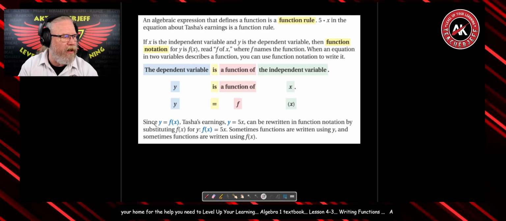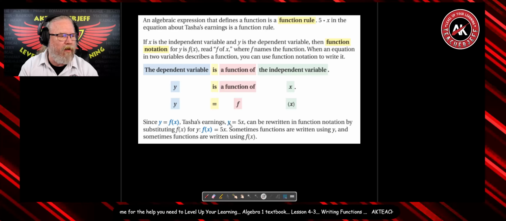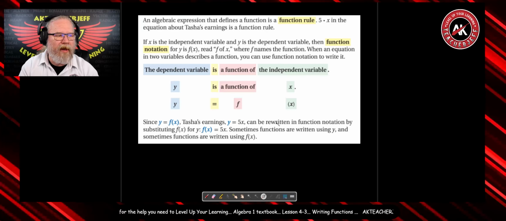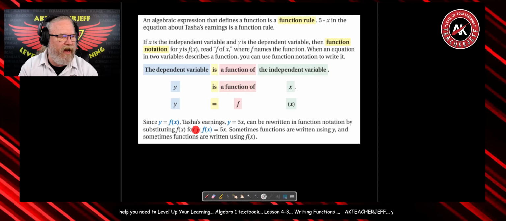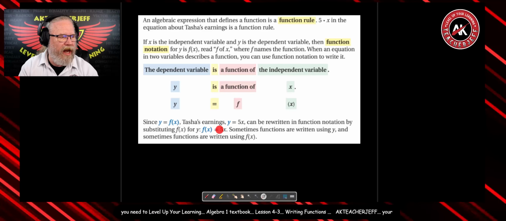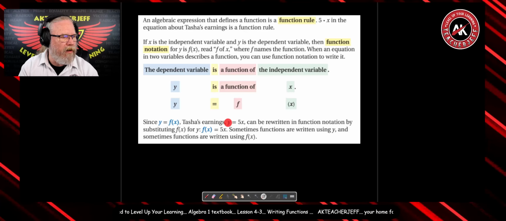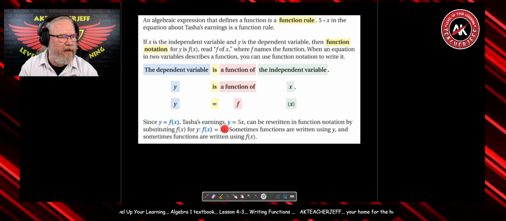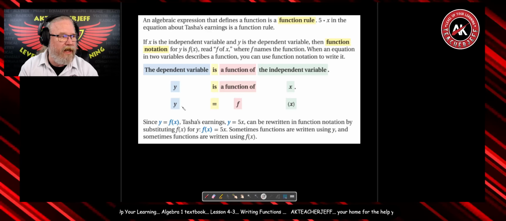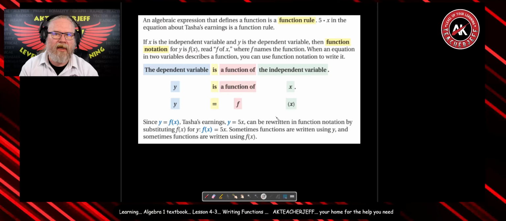And that's what they're going to tell us in this portion right here. Since y equals f of x, Tasha's earnings, y equals 5x, can be rewritten in function notation by substituting the f of x for the value of y. And right here we have that, f of x equals 5x. So y equals 5x is exactly the same thing as f of x equals 5x, because as I said, y and f of x are actually equal to one another.